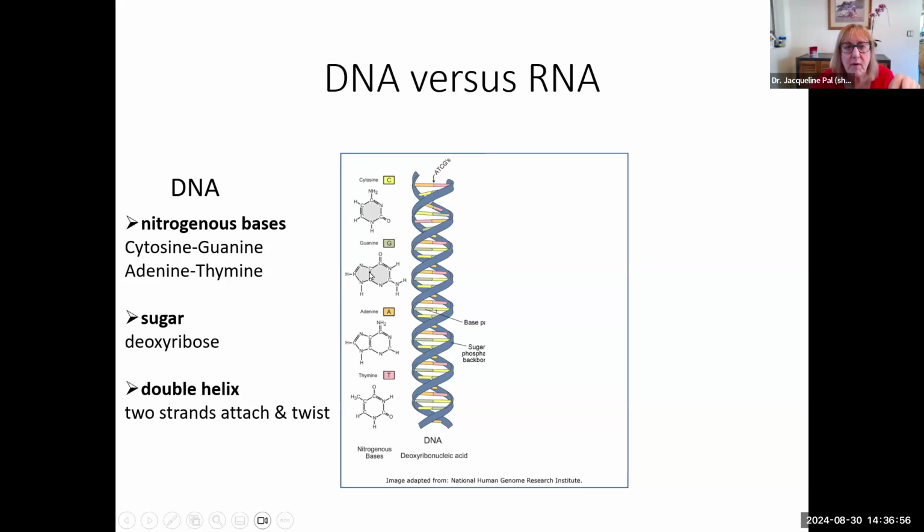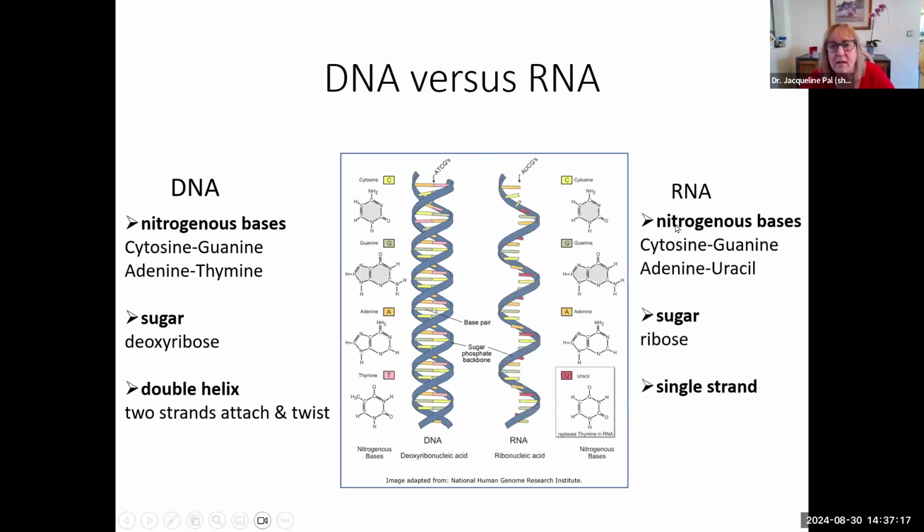So this single one will bond with this double one, and adenine will bond with thymine. This double one will bond with that single one. So it'll be 3 across here, and it'll be 3 across here. The sugar is deoxyribose, and it's a double helix in that 2 strands will attach and twist.